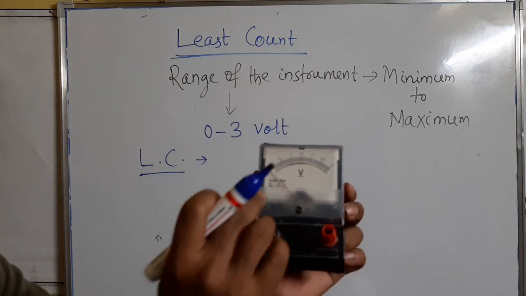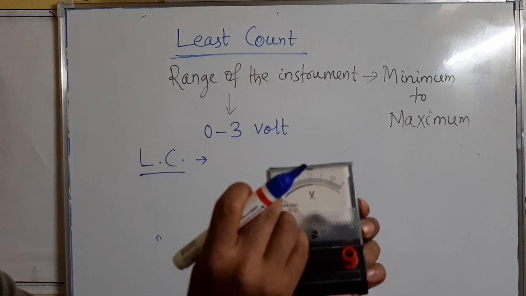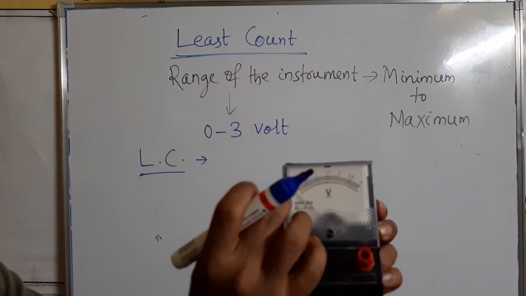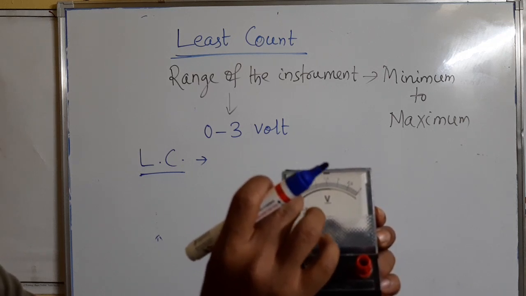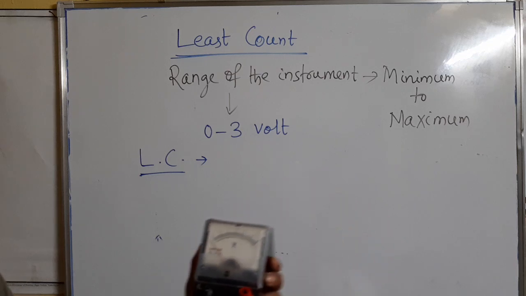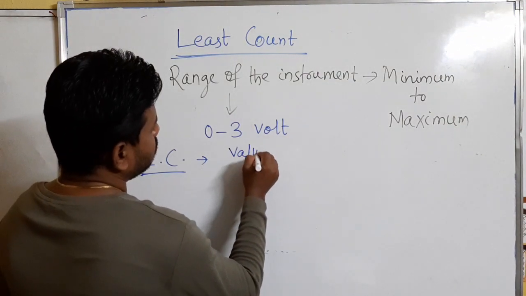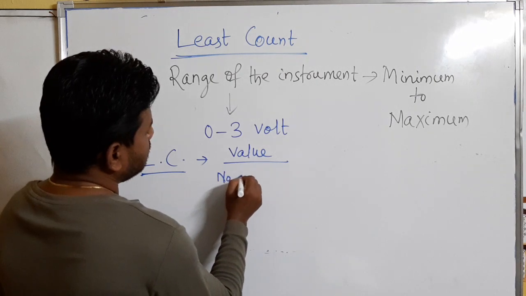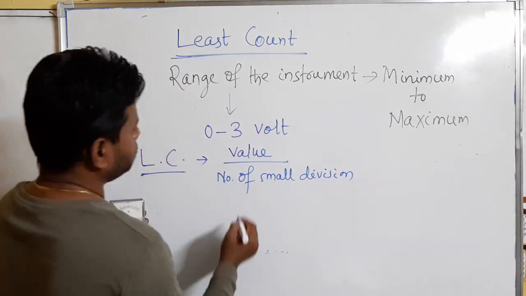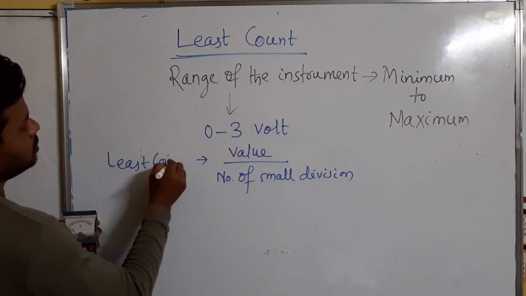You have to count the number of small lines between 0 and 1. First you count the small divisions from 0 to 1, and then the formula will be value divided by number of small divisions. Then you will find the least count.